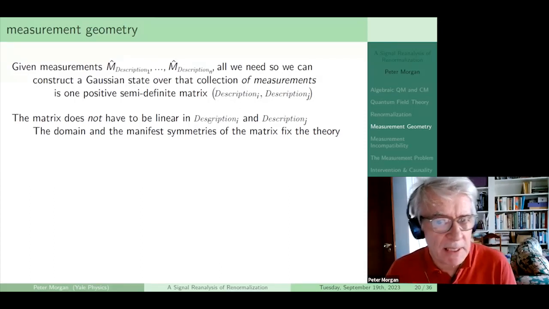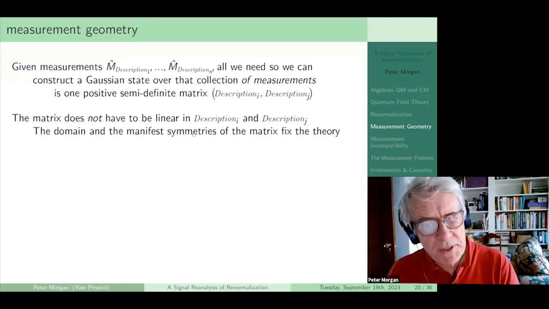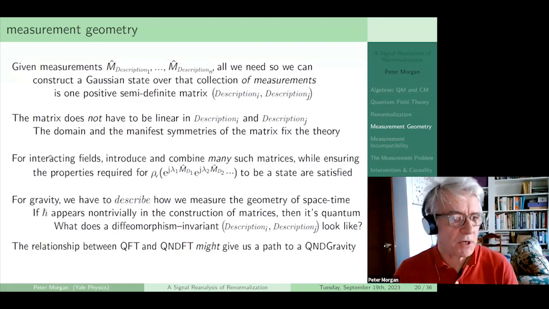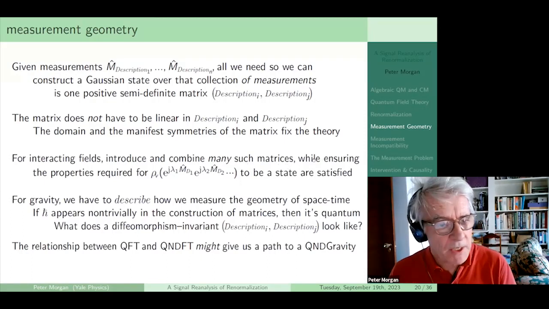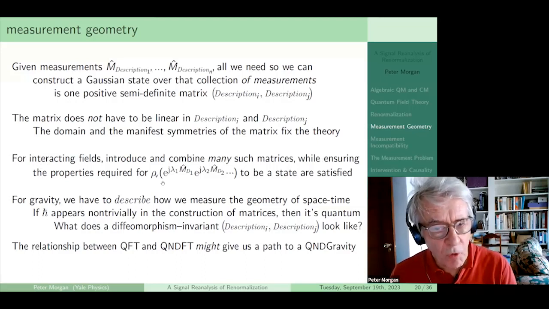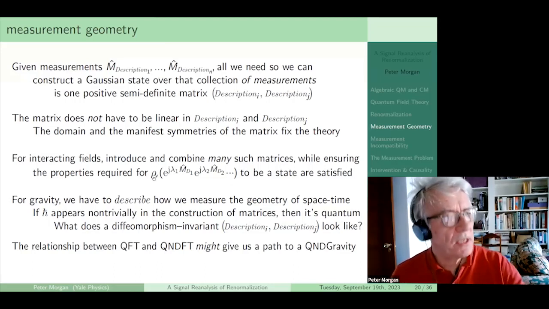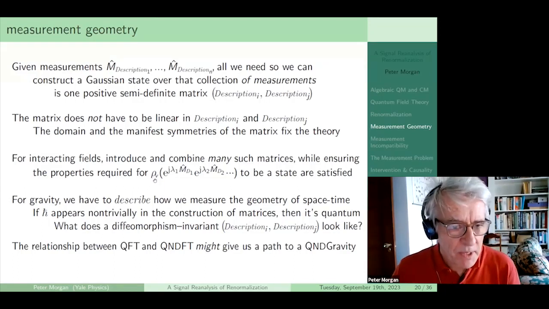So the matrix doesn't have to be linear in those two descriptions. And the domain and the manifest symmetries of the matrix fix the theory completely for a Gaussian state. If we want to construct interacting fields, we introduce and combine many such matrices while ensuring that the properties required for the Wigner characteristic function to be a state are satisfied. We just have to make sure this satisfies those constraints. And as you've seen on the previous slides, it's actually too easy to construct such a thing. We can do almost anything.